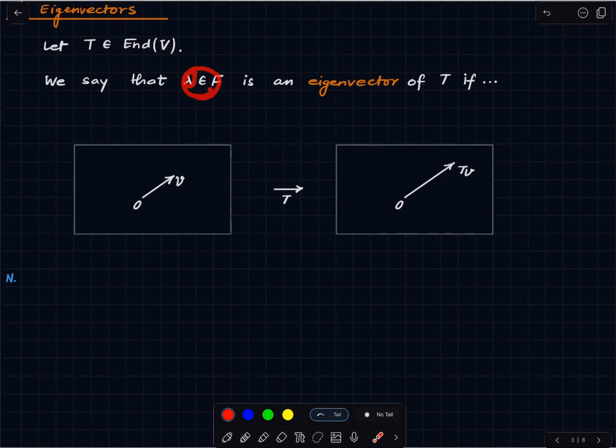So we have this vector V, and we call this an eigenvector if after applying T, it does not change the line to which it belongs.